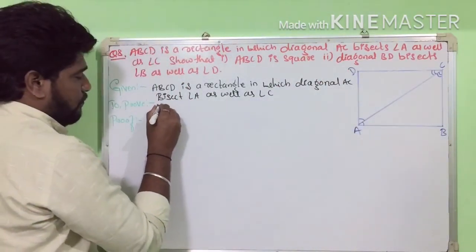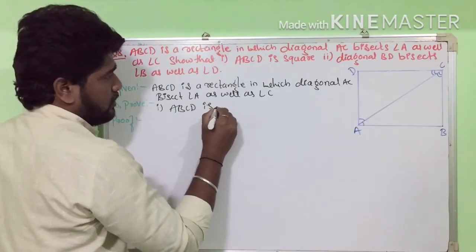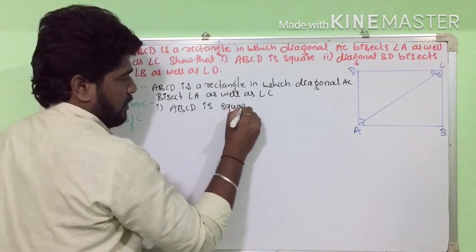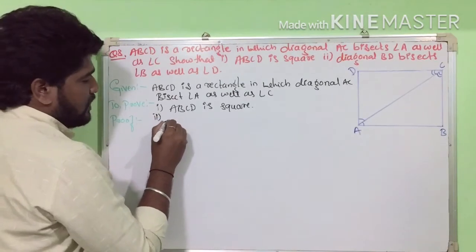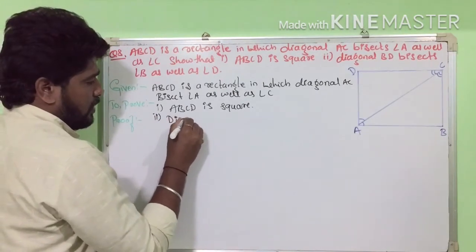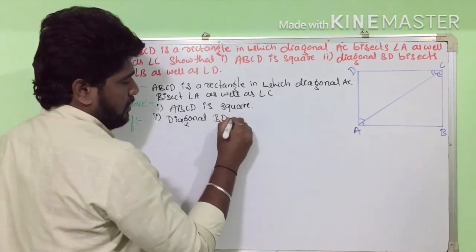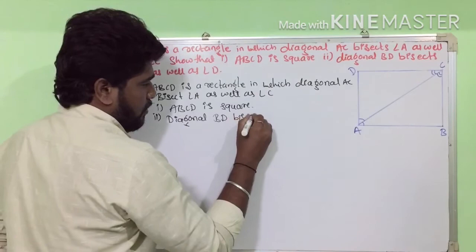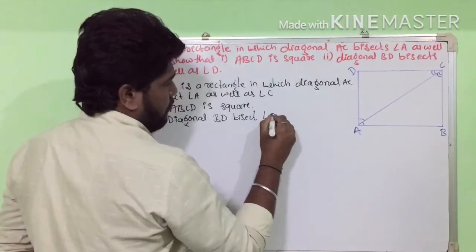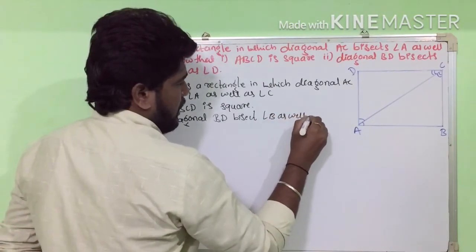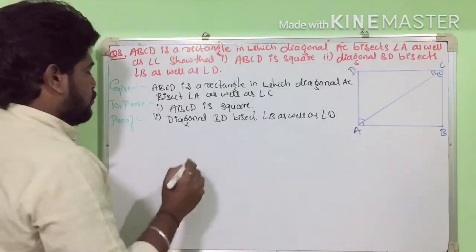So first one we have to prove here ABCD is a square, and second one we have to prove here diagonal BD bisects angle B as well as angle D, right? So proof.